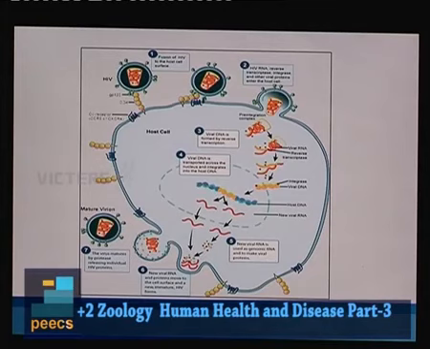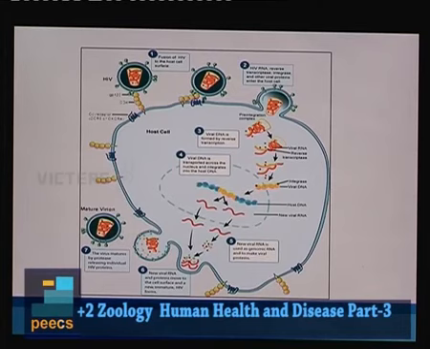Here you can see how HIV undergoes replication. HIV selects the host cell; the host cell for HIV will have specialized receptors, and these receptors are usually CD4 receptors.